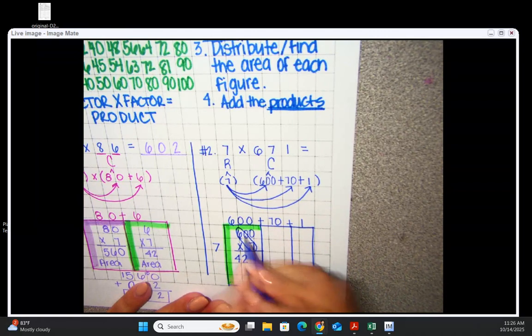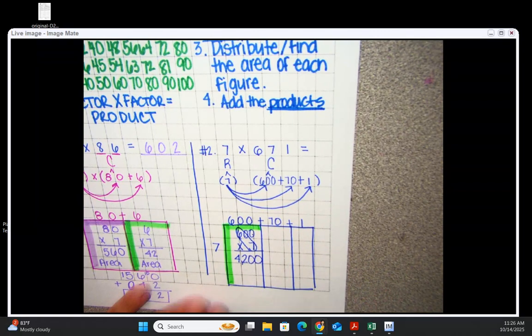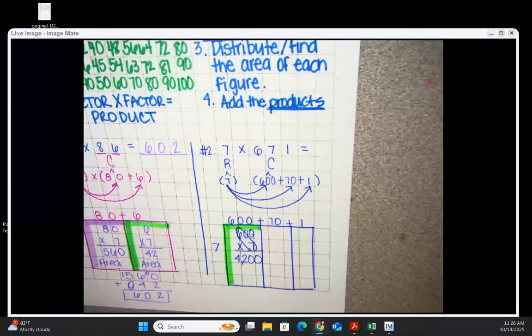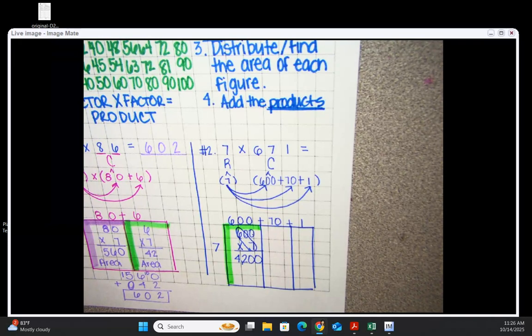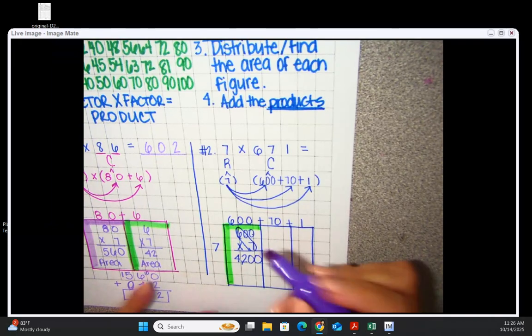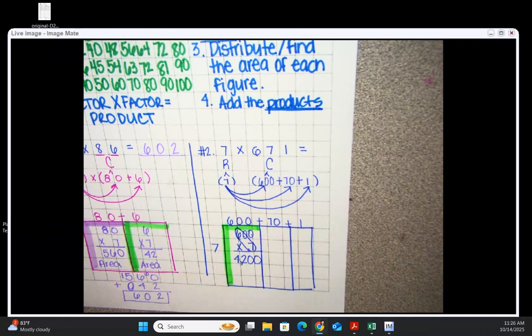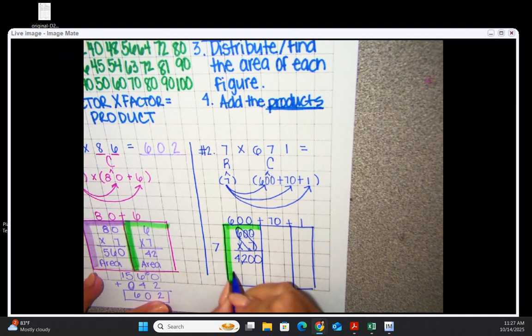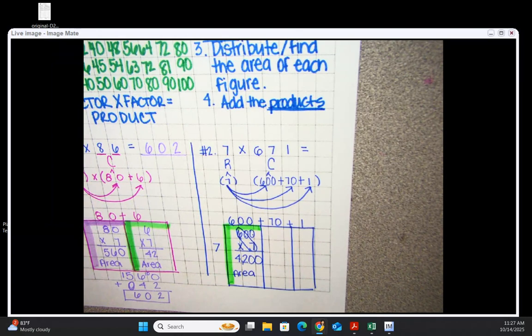I count 2 zeros. I write 2 zeros. And then go back and put your comma. 4,200. Whoa. So the area of this figure is 4,200.